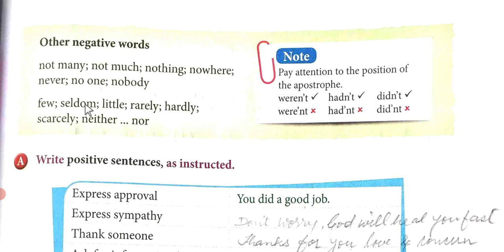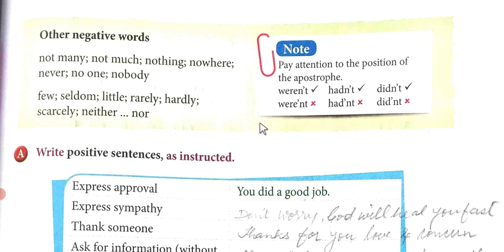Few, seldom, little, rarely, hardly, scarcely, neither, nor. So pay attention to the position of the apostrophe. Were not, weren't, had not, hadn't, and did not, didn't. Please see where the apostrophe has been put. After the letter N, you put an apostrophe and the last letter will be T.